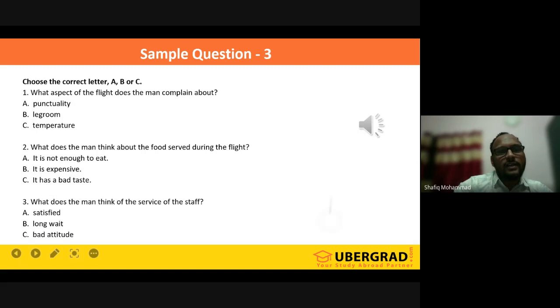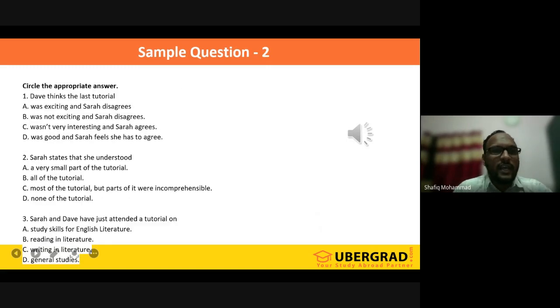Sarah states whether she understood the tutorial or not. So most of you have given A and C, and some, like 4 votes, are for D and 8 for B. Okay, Sarah states that she understood most of it, but some she was not able to comprehend.